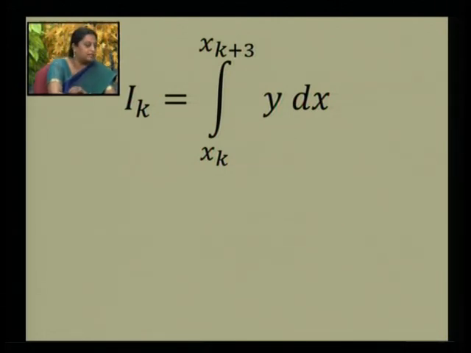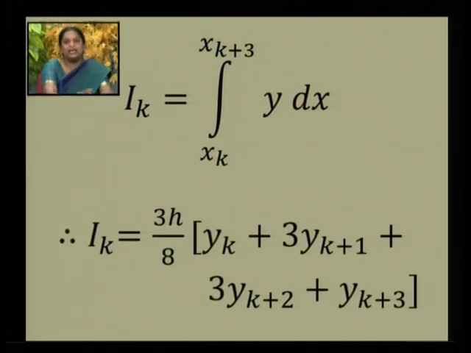On simplification, we get the area covered by the kth, k plus 1th, and k plus 2th strips as 3h upon 8, where h stands for the strip size, multiplied by yk plus 3yk plus 1 plus 3yk plus 2 plus yk plus 3, where yk, yk plus 1, yk plus 2, and yk plus 3 represent the y coordinates of the points xk, xk plus 1, xk plus 2, and xk plus 3.